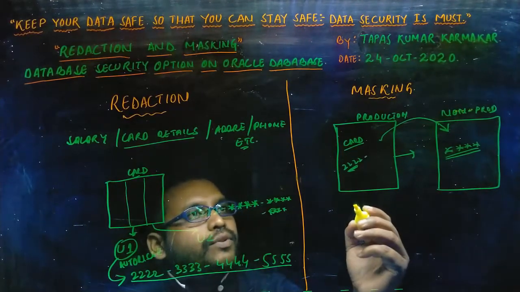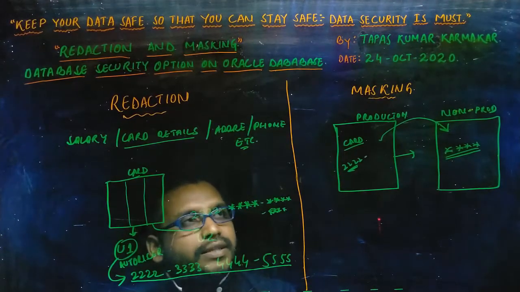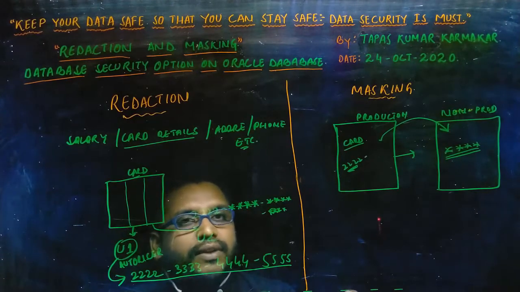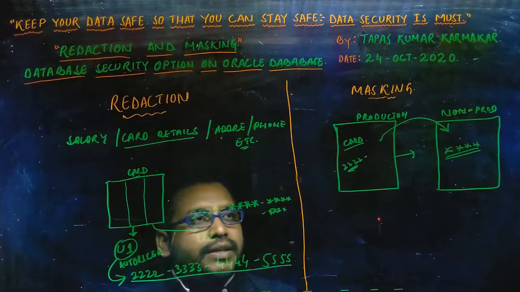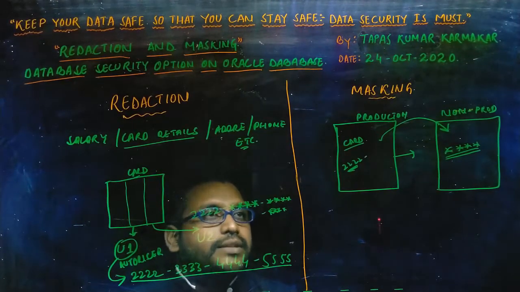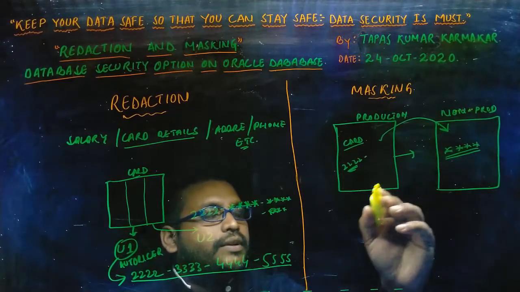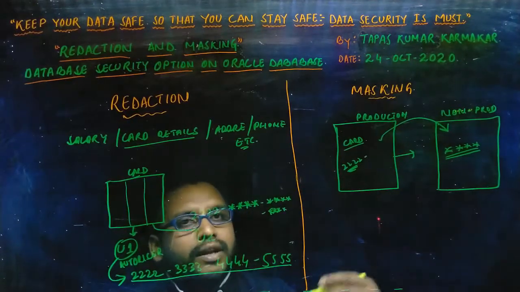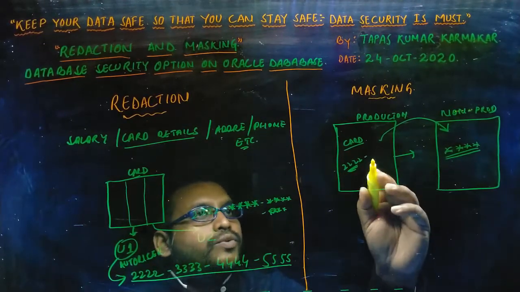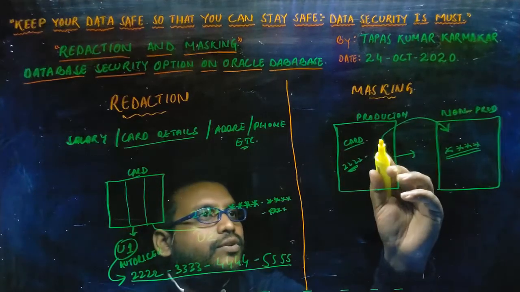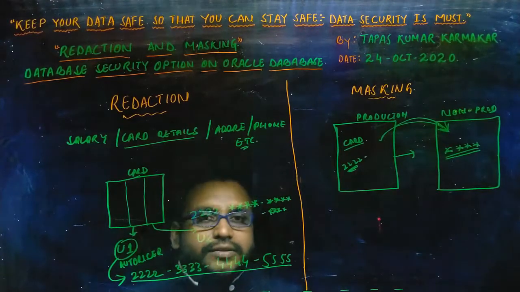So we always have to think that data is very sensitive, and it shouldn't be compromised in any way. So for this we have to implement database redaction and database masking in this database. Database masking will convert the data present in the production environment, and whenever you have to transfer the data to a non-production environment or any other requirement, masking will help to change the data present in the database to the target database where you are transferring the data.